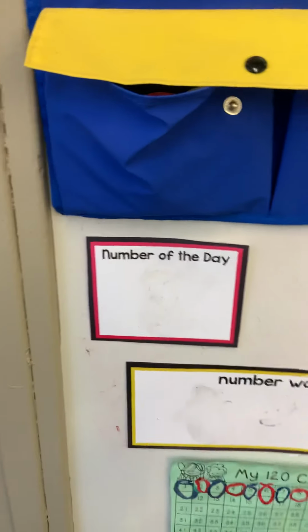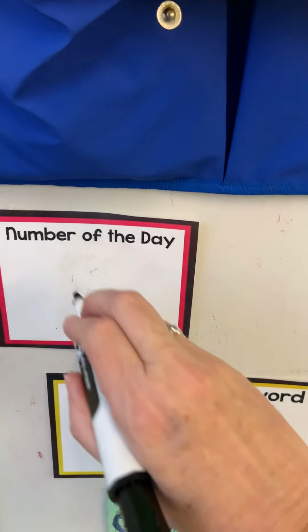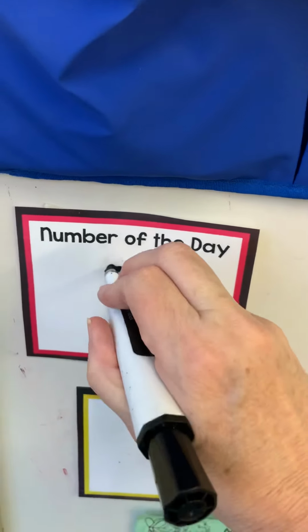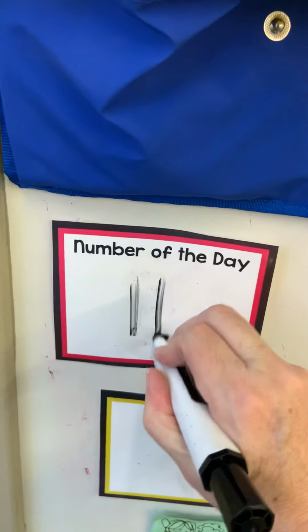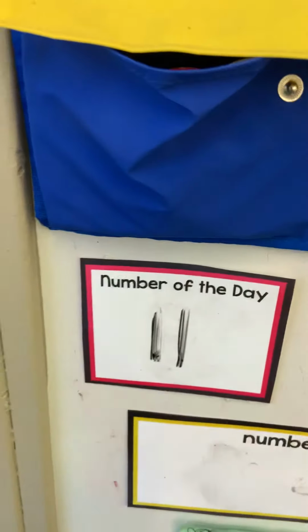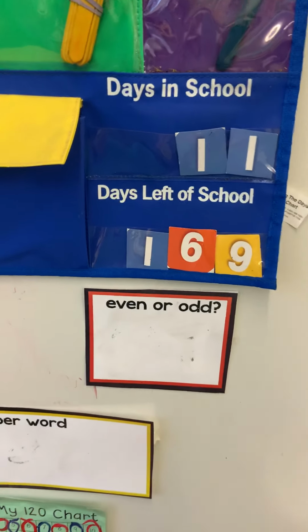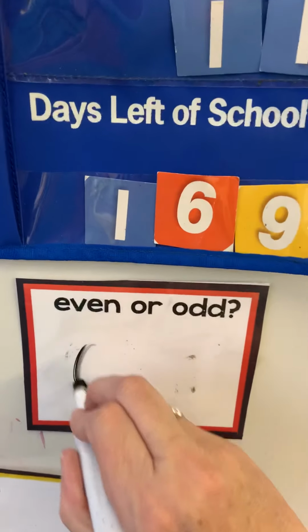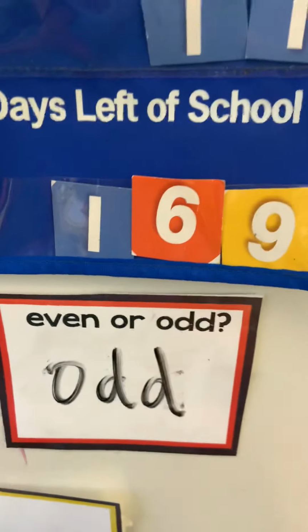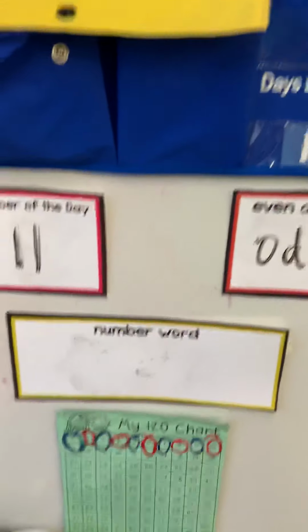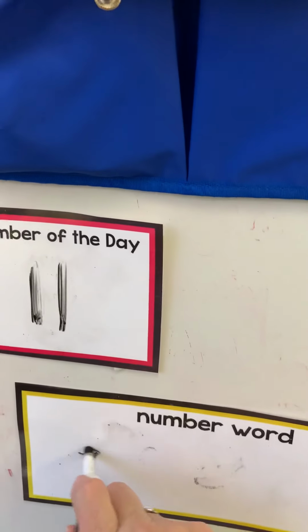Our number of the day is 11. My marker's getting dry. It's running out of ink. Our number of the day is 11. All right? Is 11 even or odd? It is odd. Here is our number word.